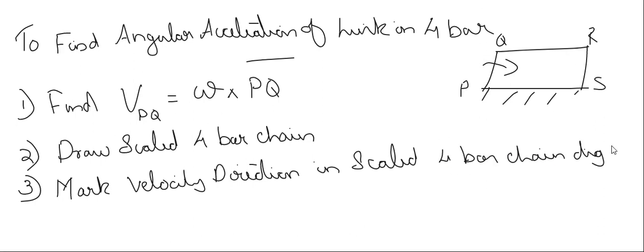That is, we know there will be velocity perpendicular to this one, perpendicular to that one, and perpendicular to this one. So we need to know the direction to find the velocity diagram.